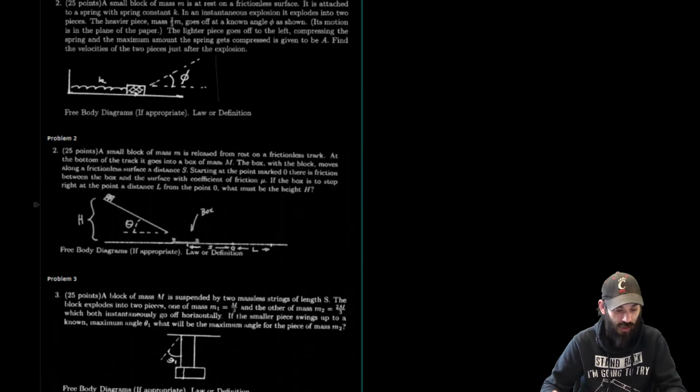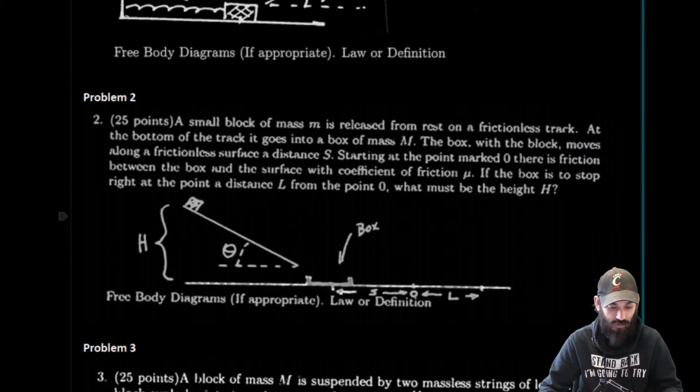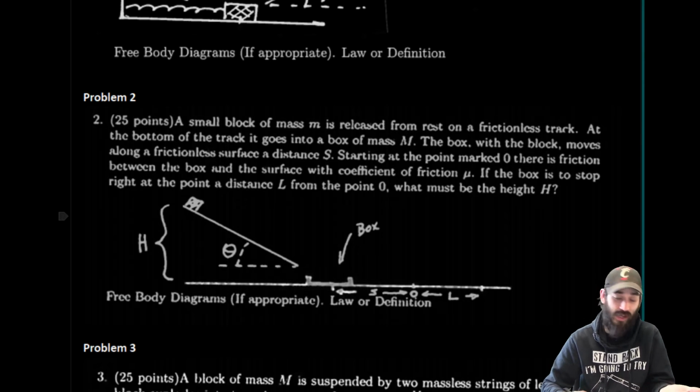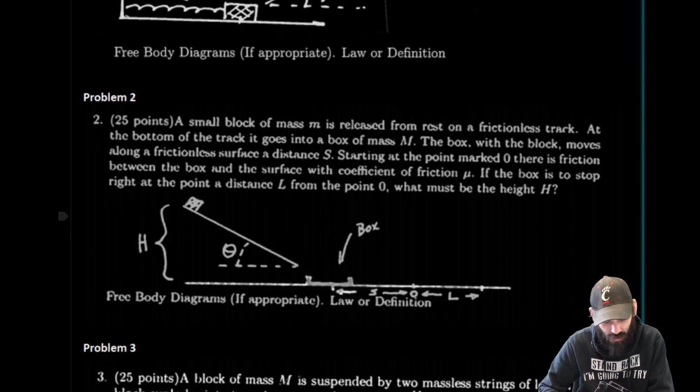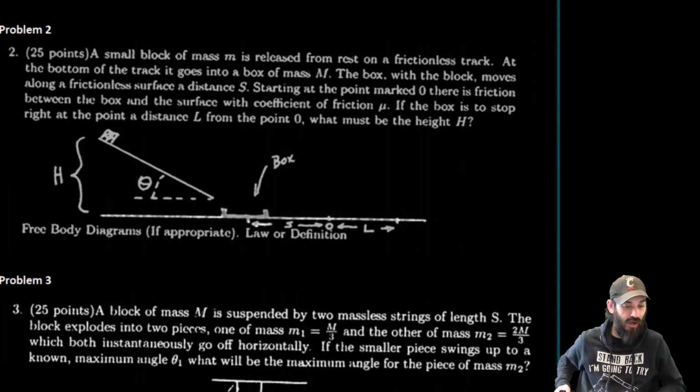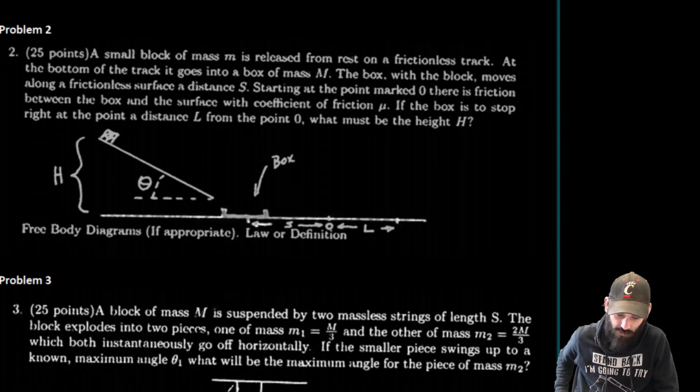So the next question we have, again, kind of a similar situation, the fact that we're going to have to conserve momentum and energy between the states. And momentum is not completely conserved in this case, as we'll see in the y direction. So this one says a small block of mass m is released from rest on a frictionless track. At the bottom of the track, it goes into a box of mass m.